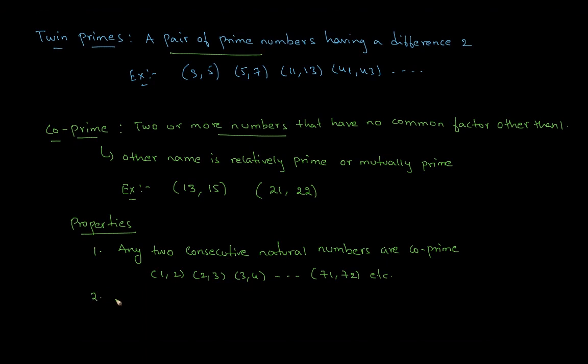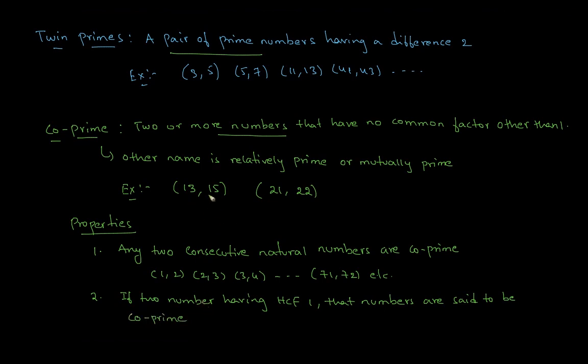Second one, if two numbers having HCF 1, okay, that numbers are said to be co-prime, right? This can be taken as another definition for the co-prime numbers, right?